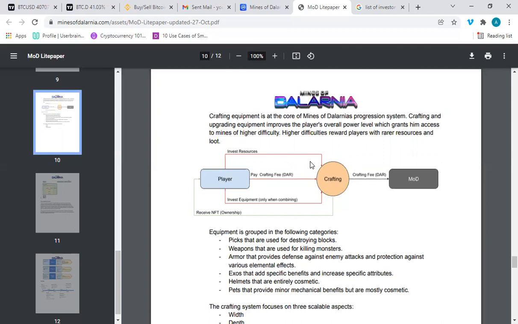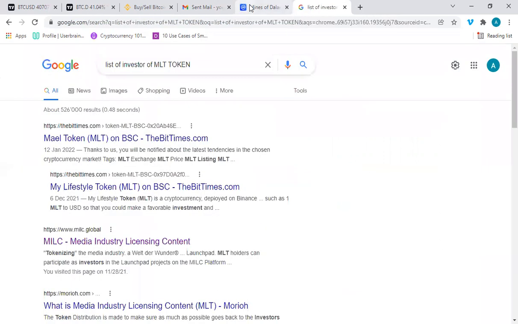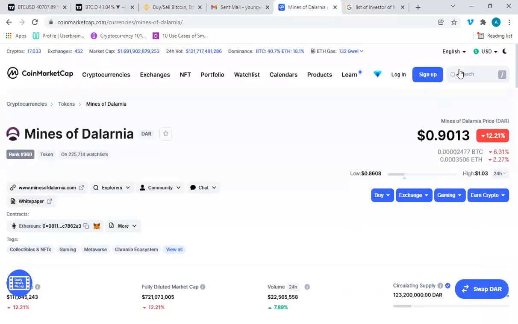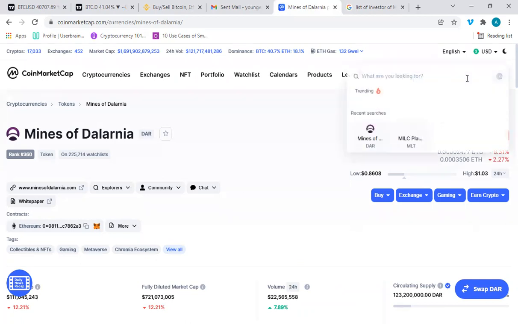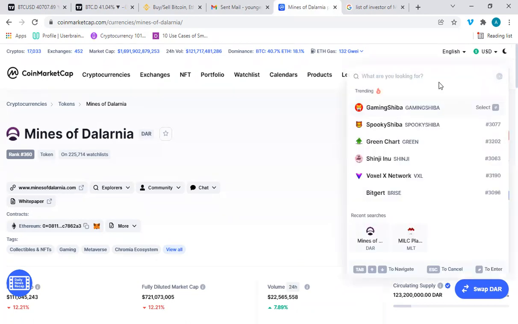Okay. Are they here? No. I can check another one. A lot of coins, not all of them do. Some will show you their investors. They show you all their partners. Partners are also related to investors.